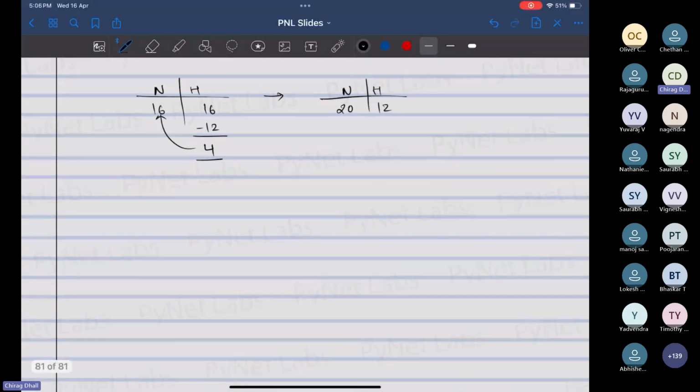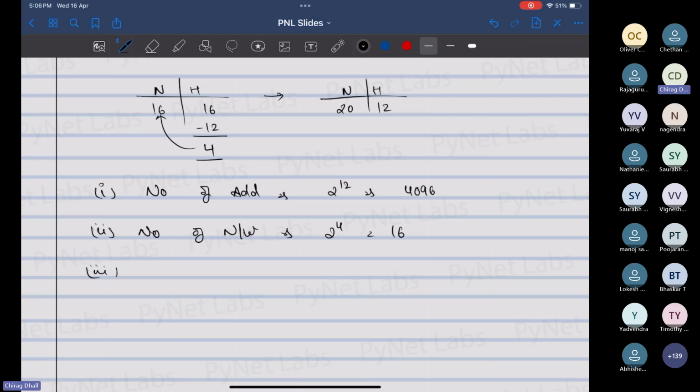As per this, we'll calculate number of addresses: 2 raised to the power 12, 4096. Then I'll calculate number of networks: 2 raised to the power 4, that's 16.